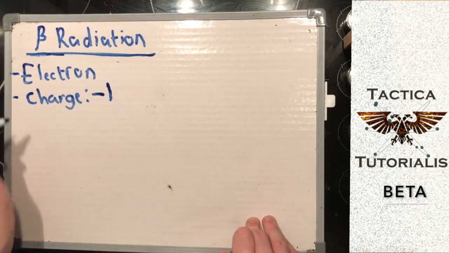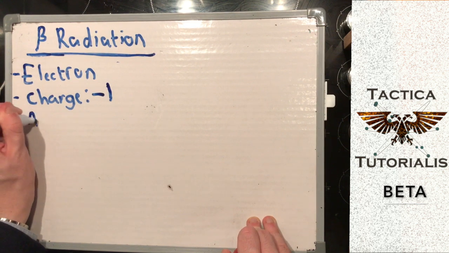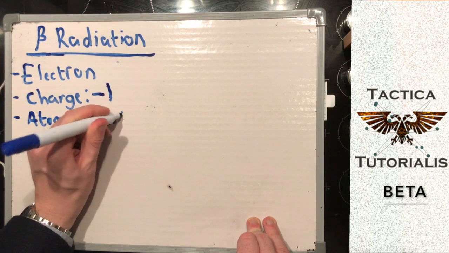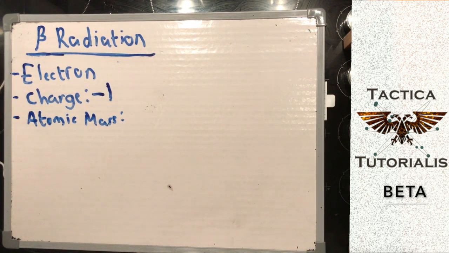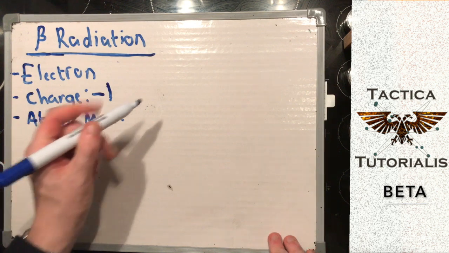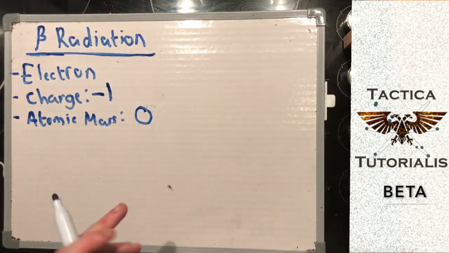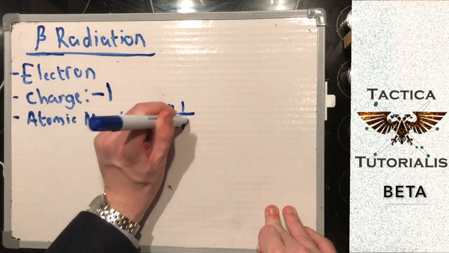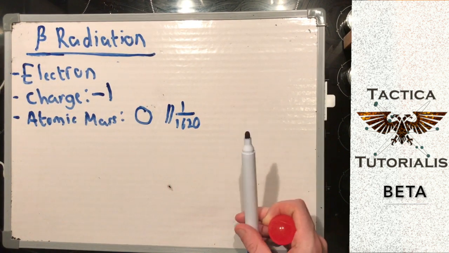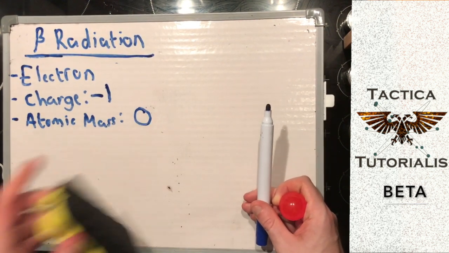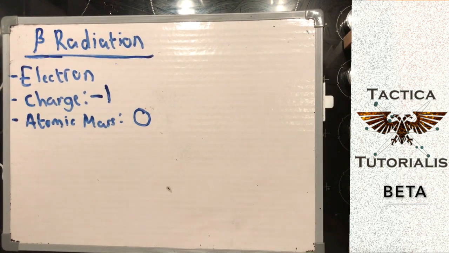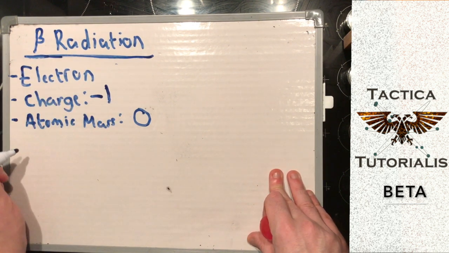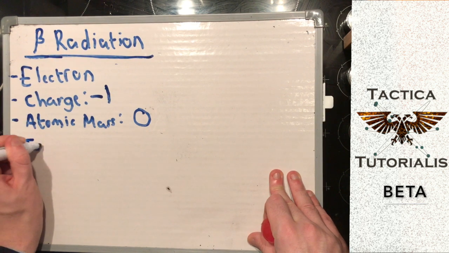-1. What is the atomic mass of a beta particle? What's the atomic mass of an electron, relatively speaking? Well, it's 0. Now, officially, if we're being pedantic, we could say it's 1/1620 or something, but no, we're not. If we're being pedantic, we are, but relatively speaking, a beta particle has an atomic mass of 0. So, what does this mean then for its ionizing power?